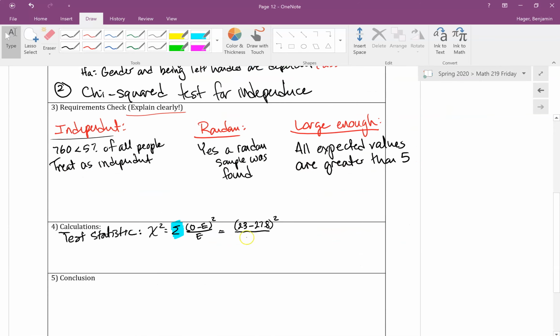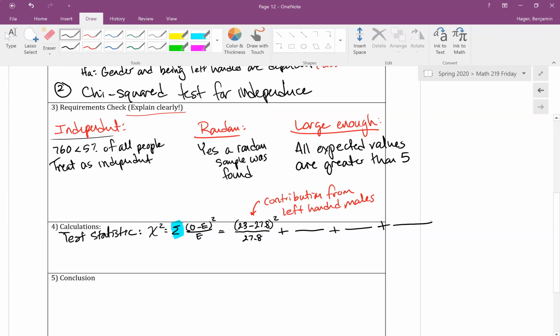And then I'll divide by what we expected out of that group. That would be the contribution for left-handed males. Then, of course, I would need non-left-handed males, left-handed females, and non-left-handed females. We would need to find each contribution.